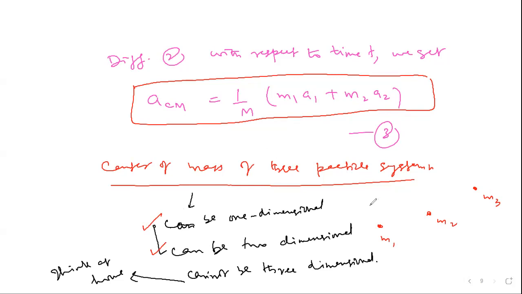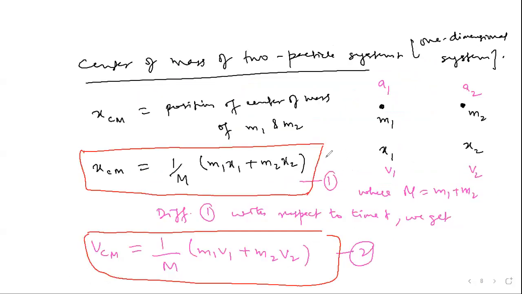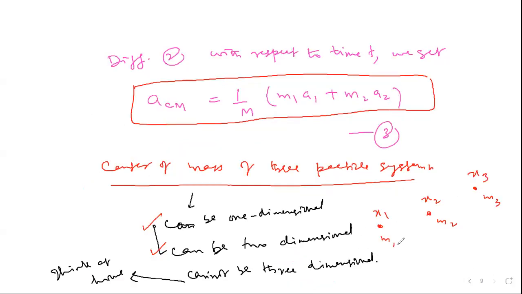So again, you need only one position coordinate for m1, one position coordinate for m2, one position coordinate for m3, and center of mass of the system will have m1x1 plus m2x2 plus m3x3, and one additional term in velocity, plus m3v3, if all the three particles lie in a straight line, right? So it is a one-dimensional system. Equations are straightforward. One additional term will add in equations for second and third.